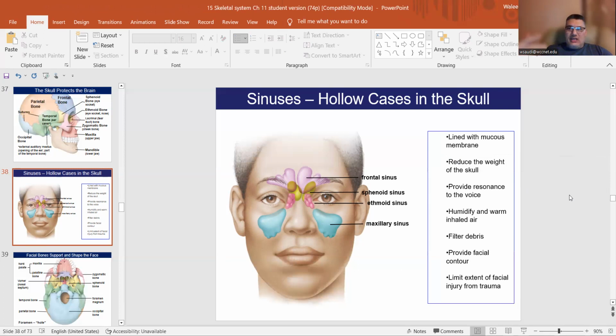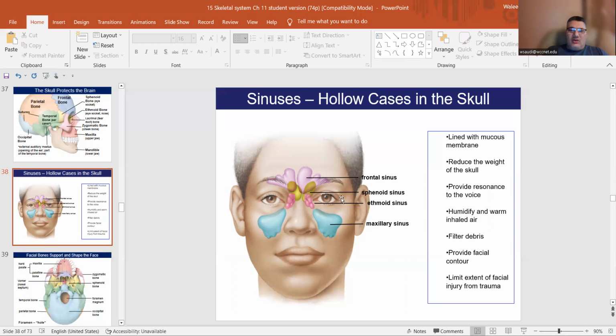The normal sound that we hear, which is resonant, is because of these cavities inside, like here in the frontal bone, in the maxilla. There are other functions, but these are the most important ones that I want you to know, okay?